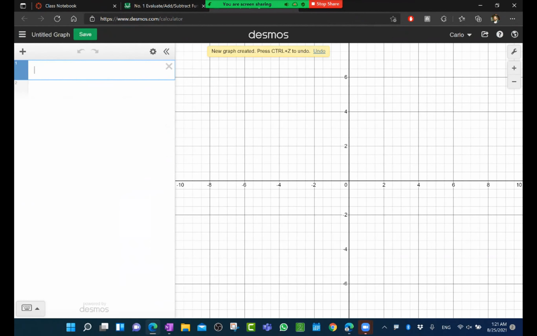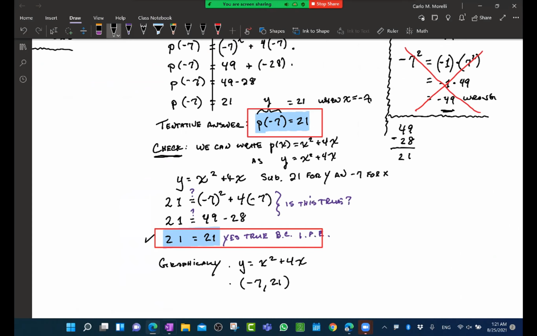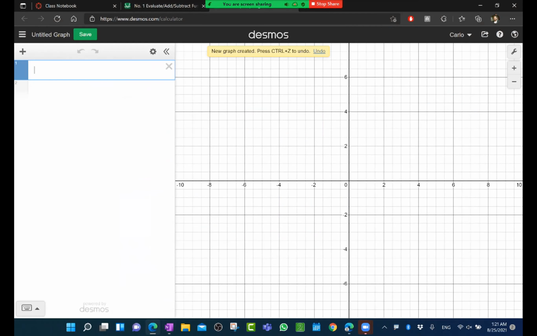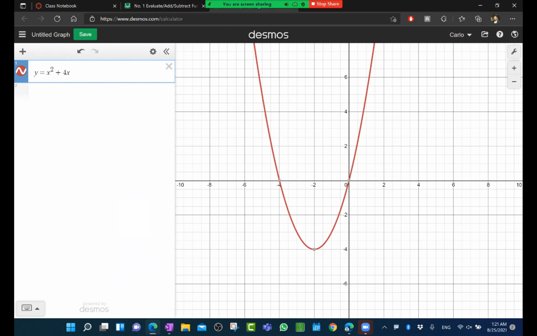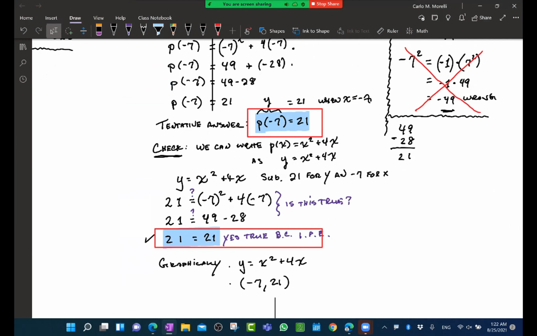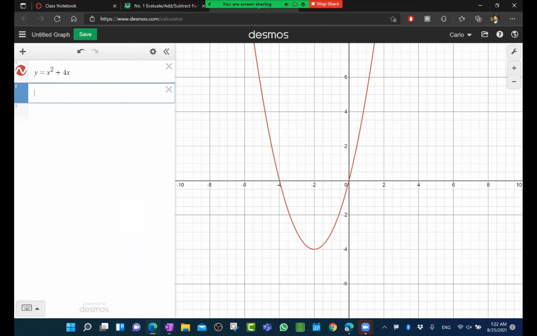Let's make a new graph. So the equation was y equals x squared plus 4x. Right, this is a quadratic graph. And the -7, comma 21 is the coordinate pair.